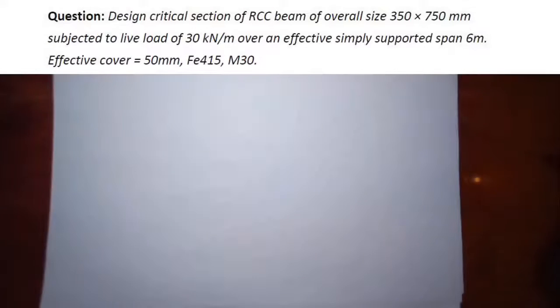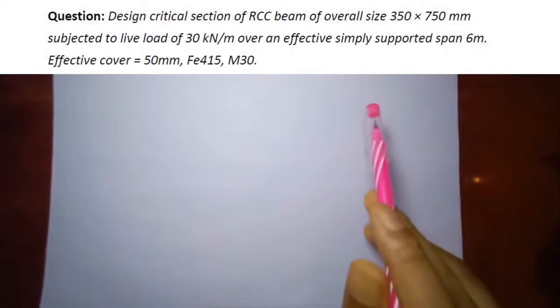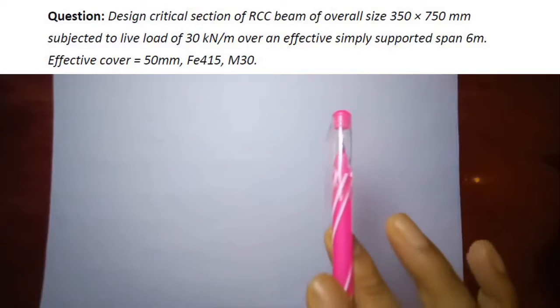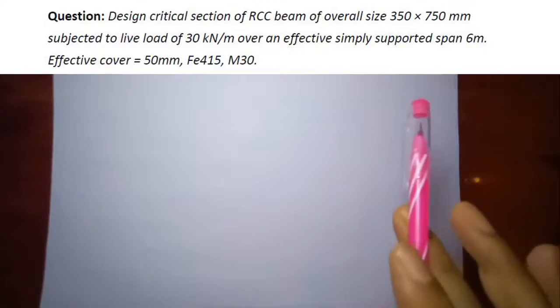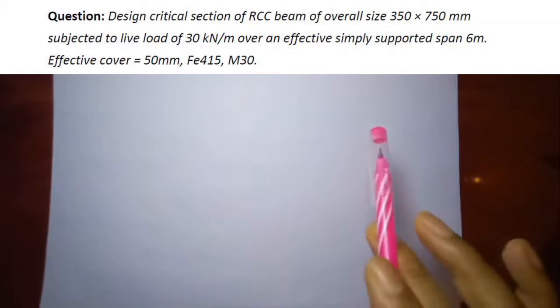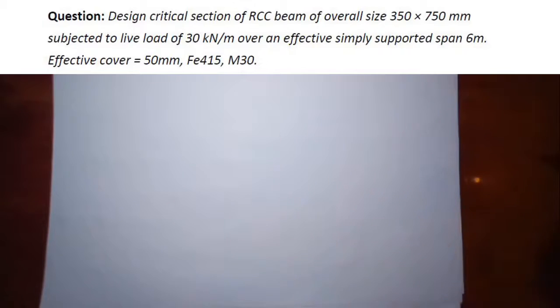In this question, we are asked to design a beam whose cross section is given as 350 cross 750 mm, and a live load of 30 kilonewton per meter is given over it. It is an effectively simply supported span of 6 meter, with effective cover 50 mm, and M30, Fe 415. These are all given to us.